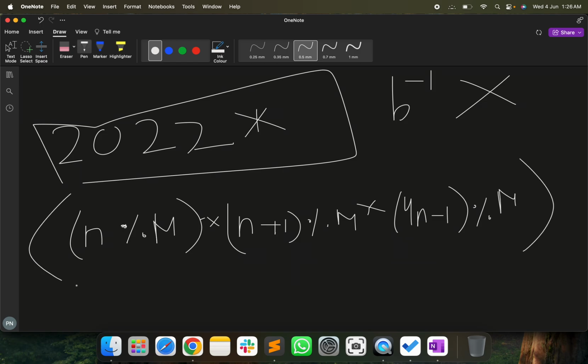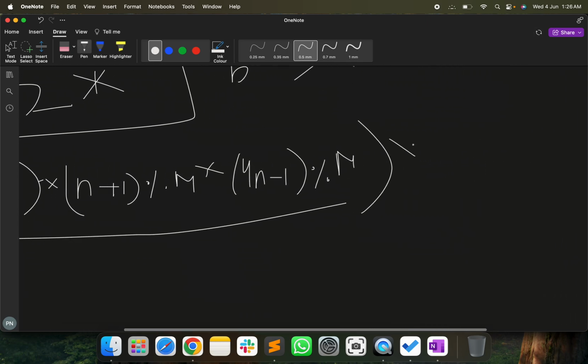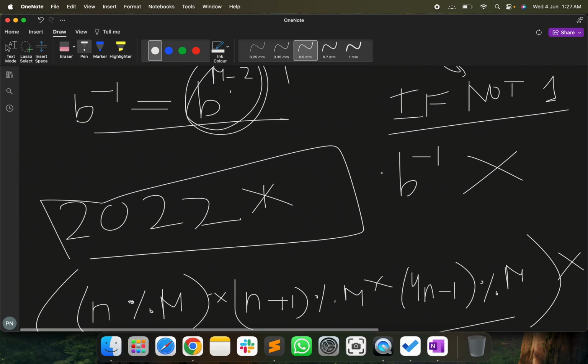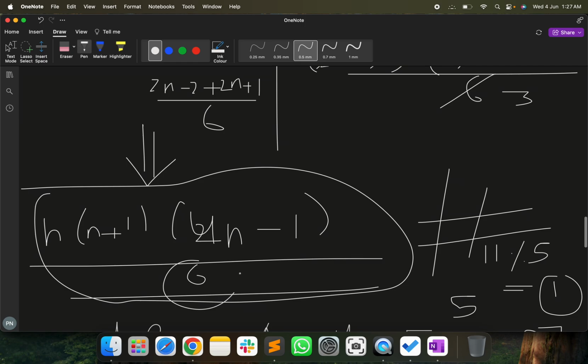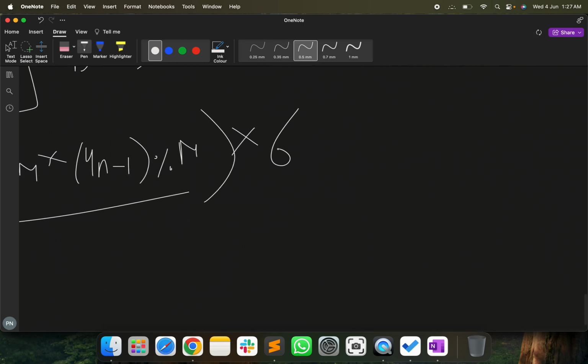After this, this is the formula we have. What we have to do is multiply it with the value of the number below, which is 6. We have 6 below, so we have to multiply it with 6 raised to power m minus 2, and take a mod of it with m.